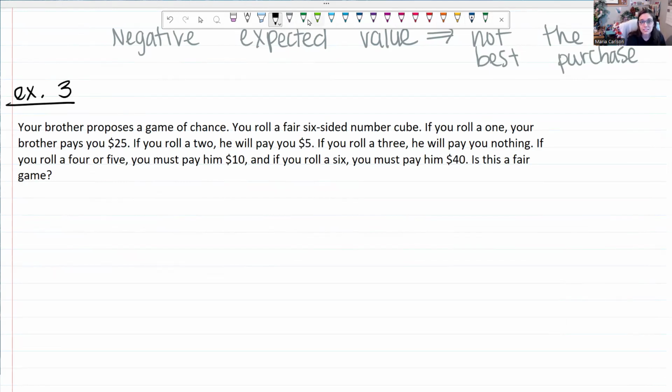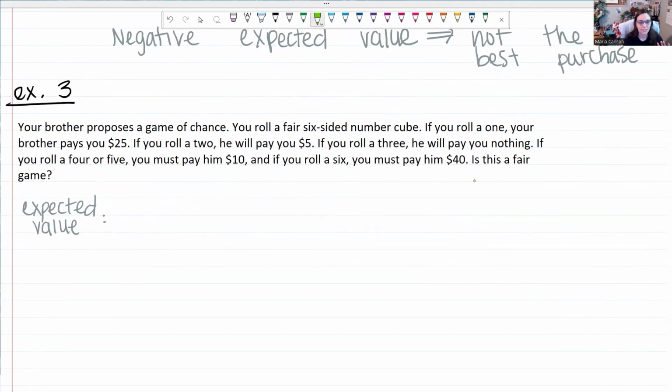So essentially, this is another type of problem where I really need to find the expected value, my expected outcome on average for however many times I play this game. So I'm going to multiply the probability of each outcome times the outcome.